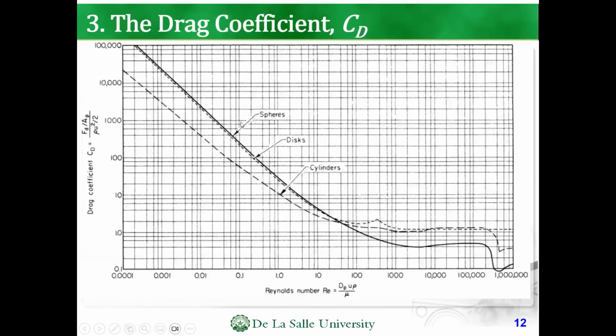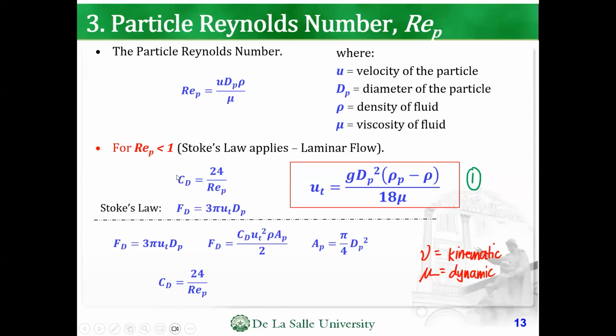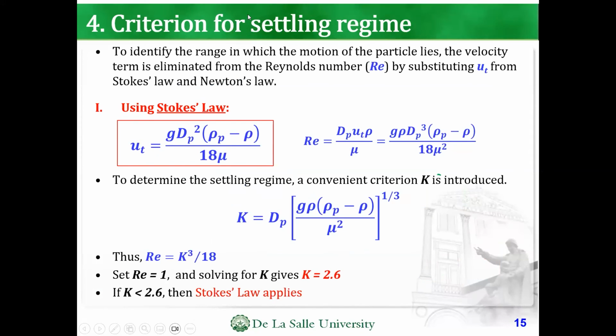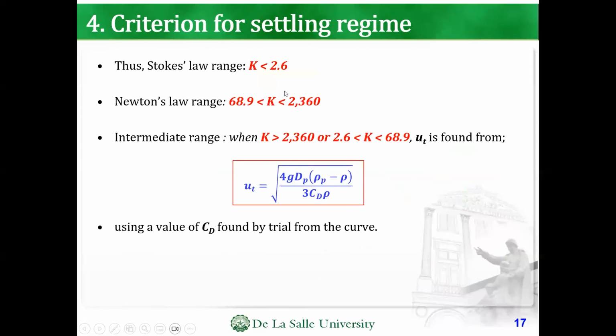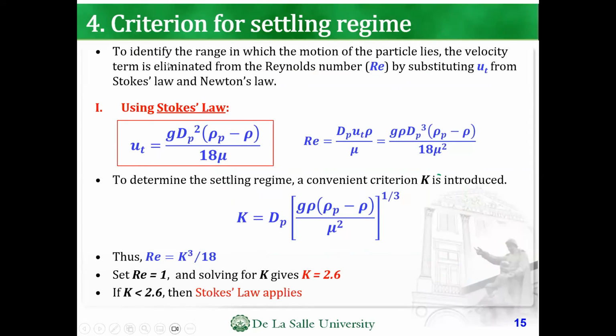Because these two basically just show how we solve for CD and how we solve for UT by characterizing using the Reynolds number. But there are criteria to know which settling regime it is. There are three in here, you will notice. So using Stokes' law, UT, again, this one, and then using the formula for Reynolds number, just plug in the UT in place.